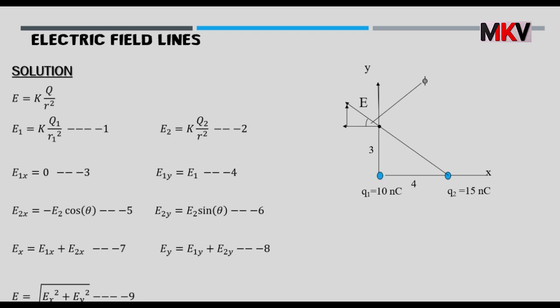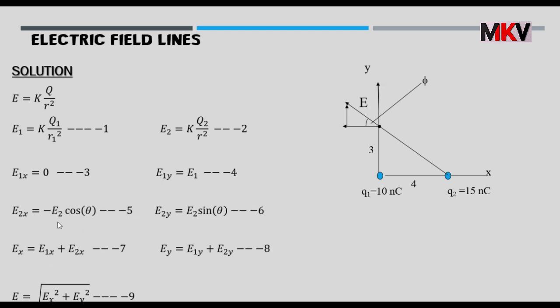Now for E2x, resolving electric field 2: from this diagram, this is our X component and this is our Y component. Assuming a Cartesian plane here, the X is negative and the Y is positive, meaning the x component of E2 will be negative and the y component of E2 will be positive.